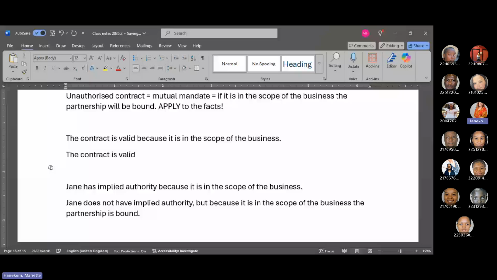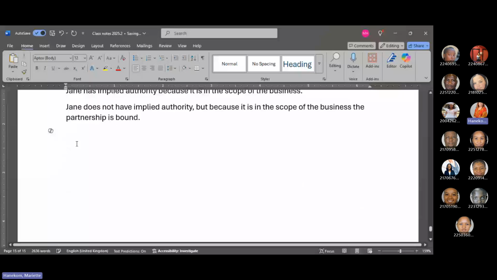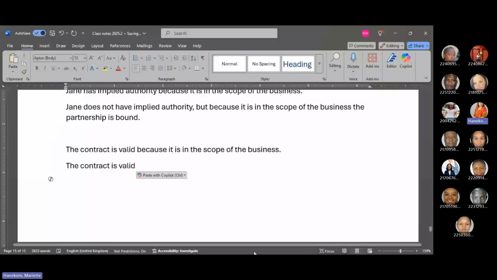It should actually go there. I pasted it in the wrong place.